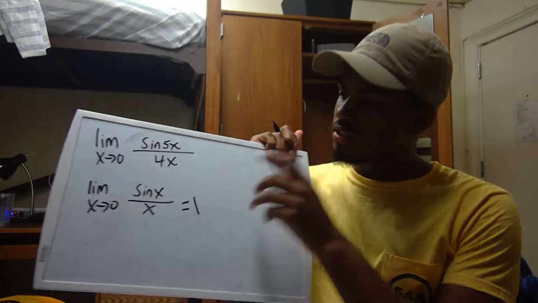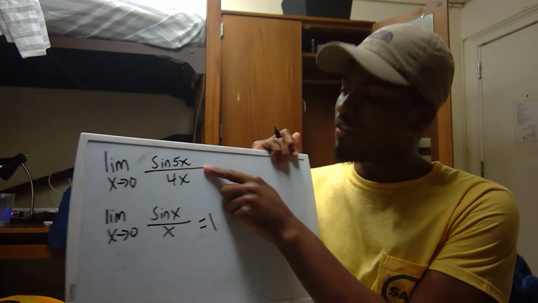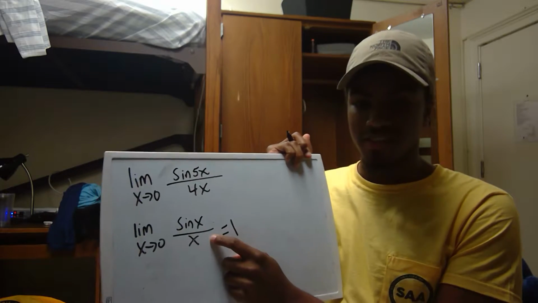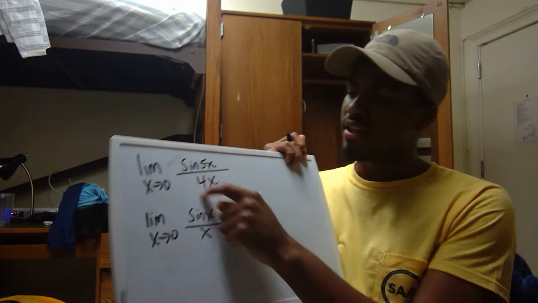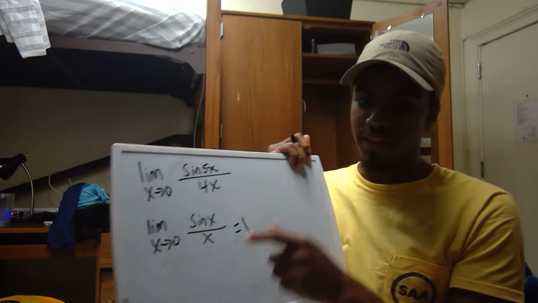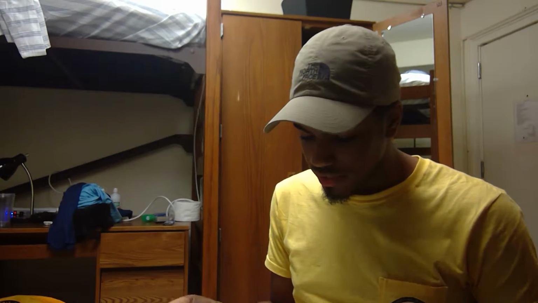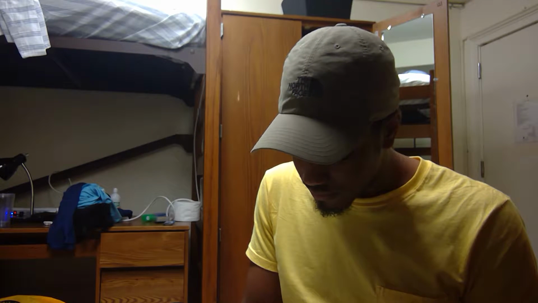So this looks awfully similar to this. So we're going to try to manipulate this to make it look like this. So how we do that is we're going to multiply the top and bottom by 5 over 4.